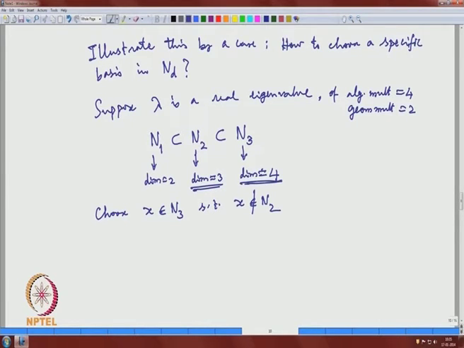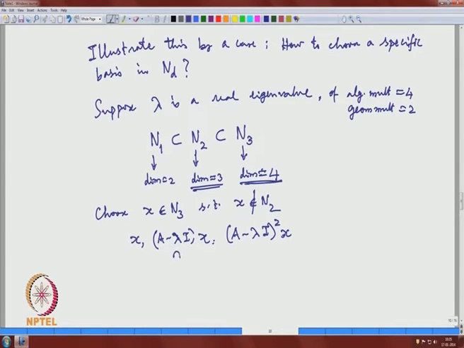Okay. Now, you form this x, A minus lambda I x, and A minus lambda I square x. Okay.